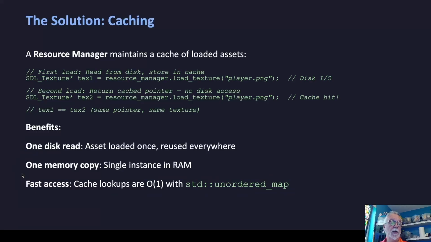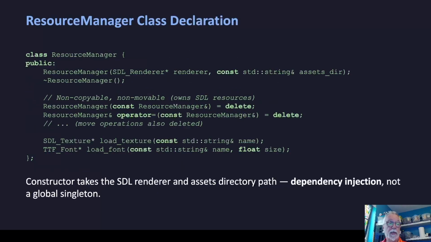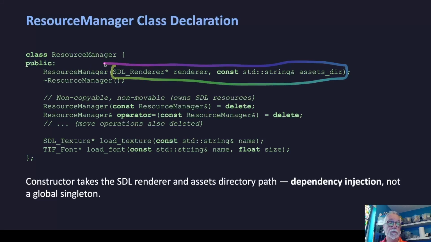So let's step through the implementation of this. I encourage you to go through the game and look at the code that's actually in the game. All the code that we'll talk about right now is pulled from that. So our class declaration, or our interface, if you're thinking about it from a Java perspective, is we've defined our resource manager to accept 2 construction time parameters.